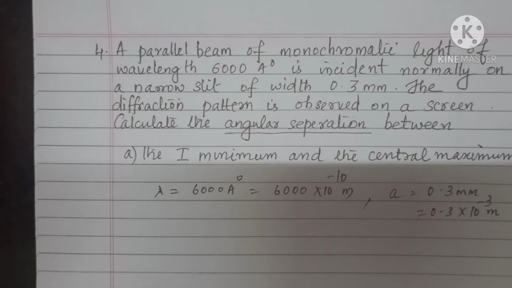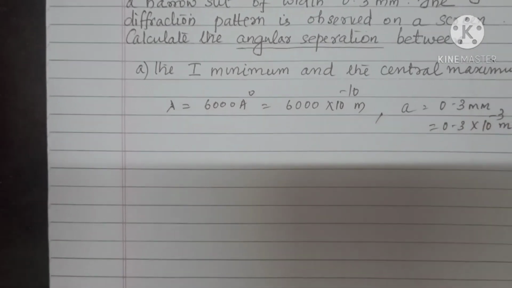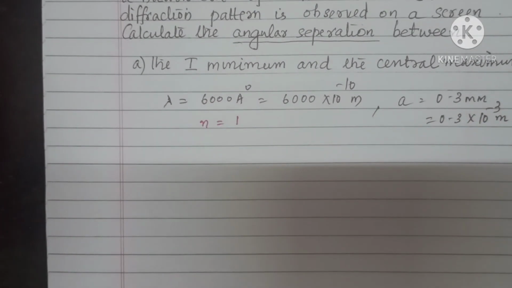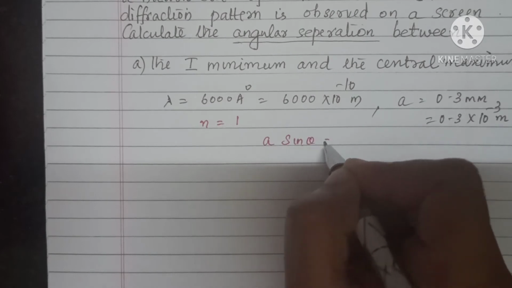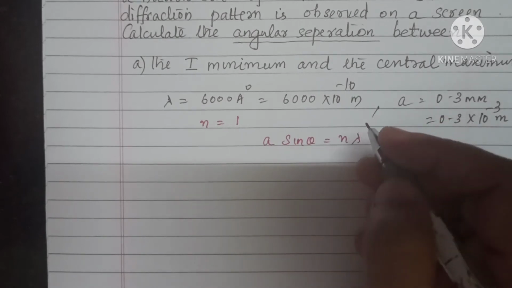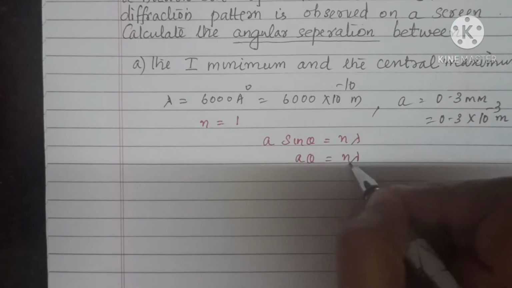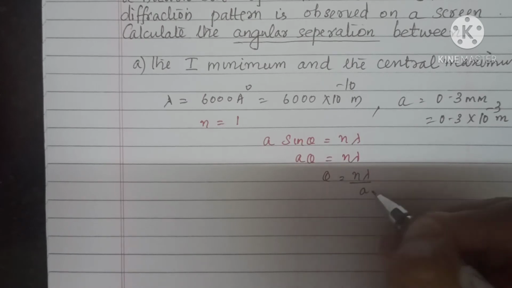So you can move to the first part, that is n is given here because it is first minimum only. So n equal to 1. And for the first minimum, our condition you can write, that is a sin theta equal to n lambda, or since the angle is small, a theta equal to n lambda. So theta is n lambda by a, and n is 1, so it will be lambda by a.